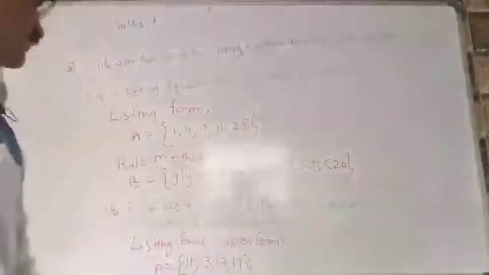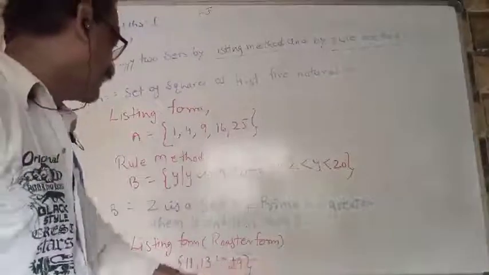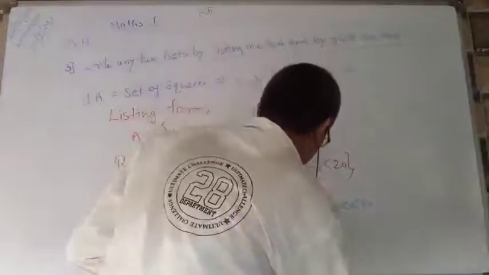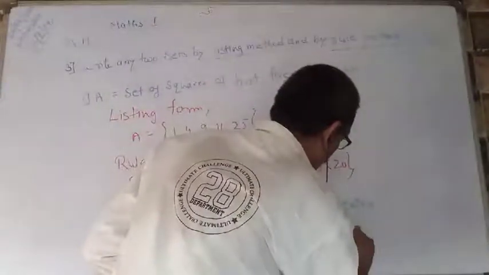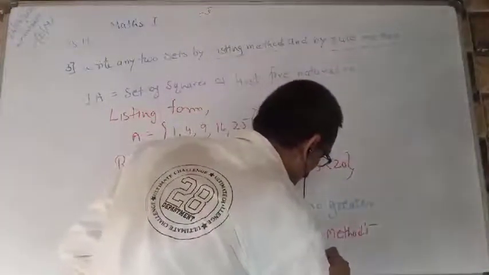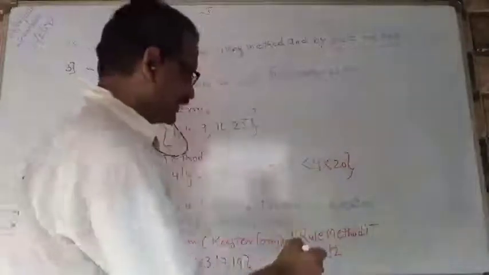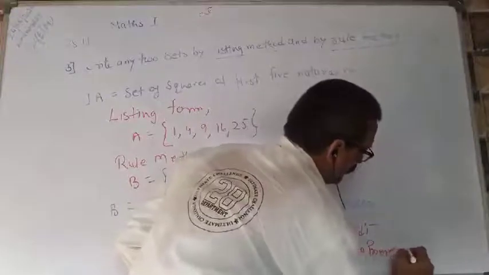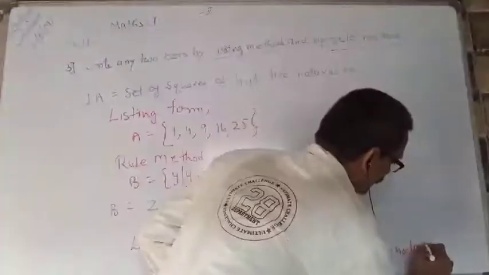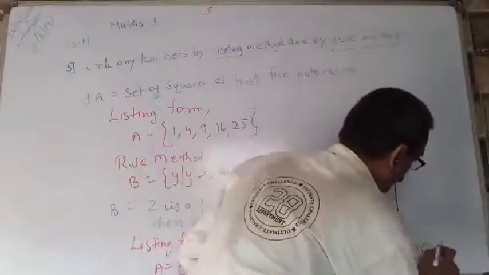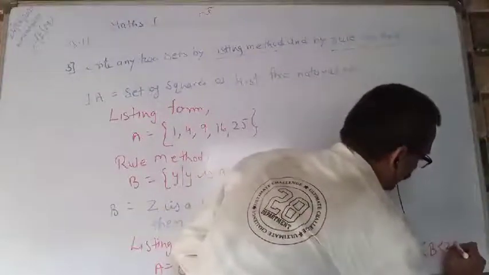Between 10 and 20, we have four prime numbers: 11, 13, 17, 19. Now the rule method. In the rule method, we write: Z such that Z is a prime number greater than 10, less than 20.